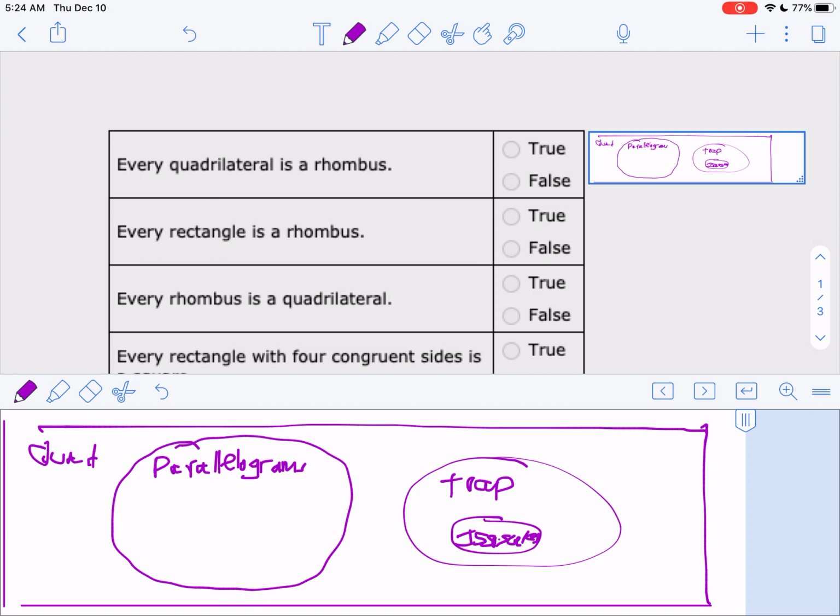Some parallelograms are rectangles. Some parallelograms are rhombuses. Not all, but some. If a shape is both a rectangle and a rhombus, it's a square, which I'm just going to use a capital S. There is your Venn diagram showing all of them.